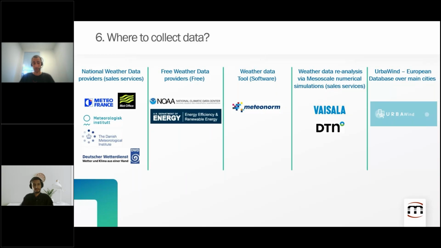It's a worldwide organization for the weather, and it collects data from all national providers, so it's very, very nice. The only drawback is that it is raw data, so there is no checking of the data.